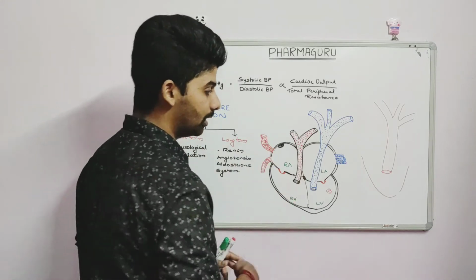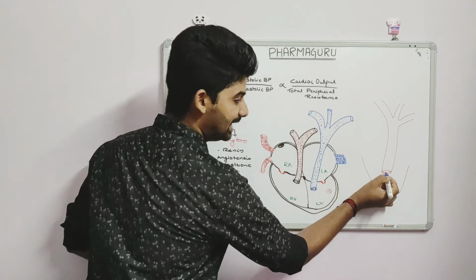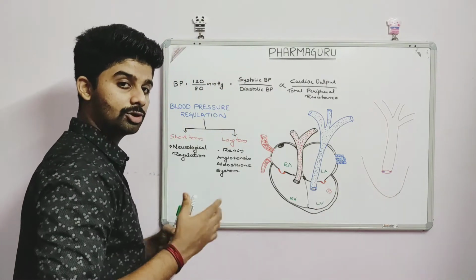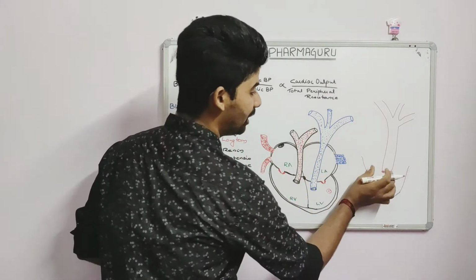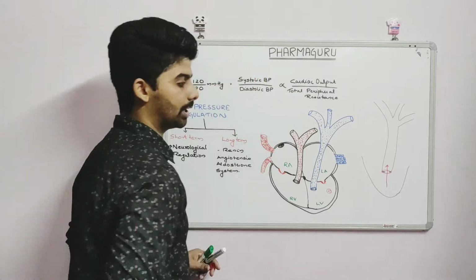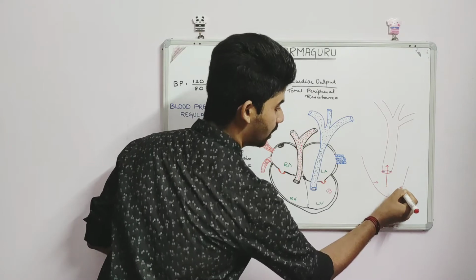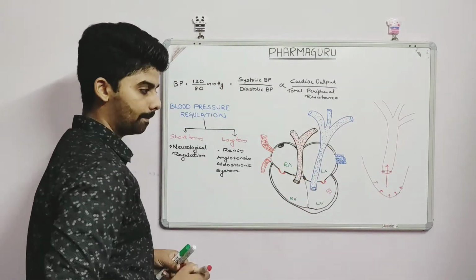So whenever the heart undergoes systole, the aortic valve, the valve that controls the opening and closure of the aorta, will open and the blood will be pumped into the aorta, because the ventricles will contract and pump all of their blood into the aorta.